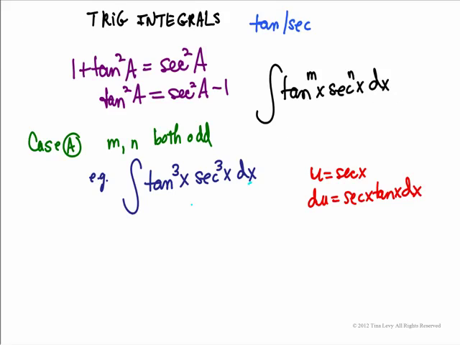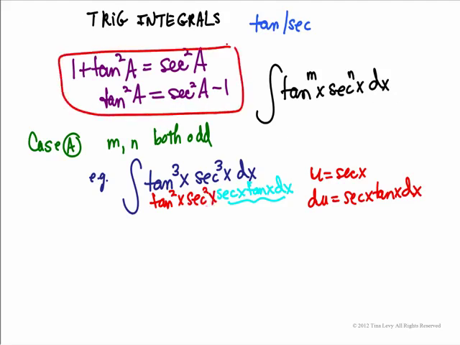In doing this, I will have my secant x tangent x dx right there. And that leaves me pulling 1 from tangent with tangent squared and 1 from secant, secant squared. And that's going to work fine because I can replace a tangent squared or a secant squared.